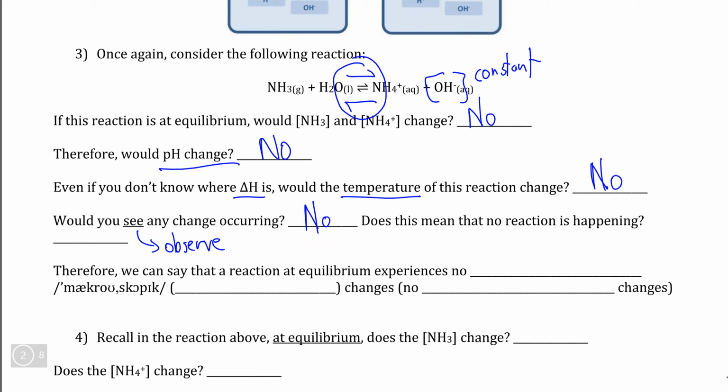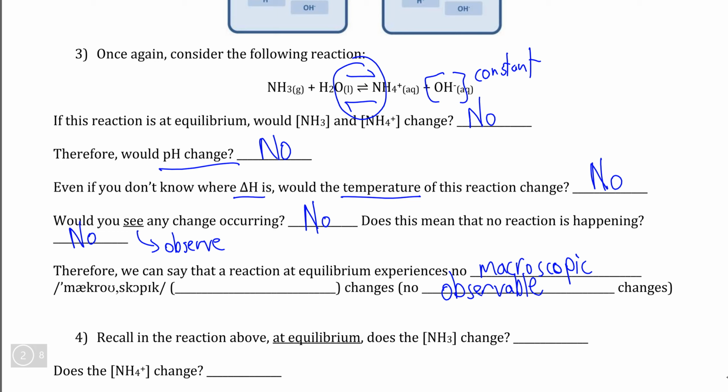Well, again, that answer is no. We wouldn't see a temperature change, and we wouldn't see any measurable pH change, but that doesn't necessarily mean that no reaction is happening. This condition is what we call a lack of macroscopic changes. Another word that we can use instead of macroscopic is that we would not be able to observe any changes that are occurring in this reaction.